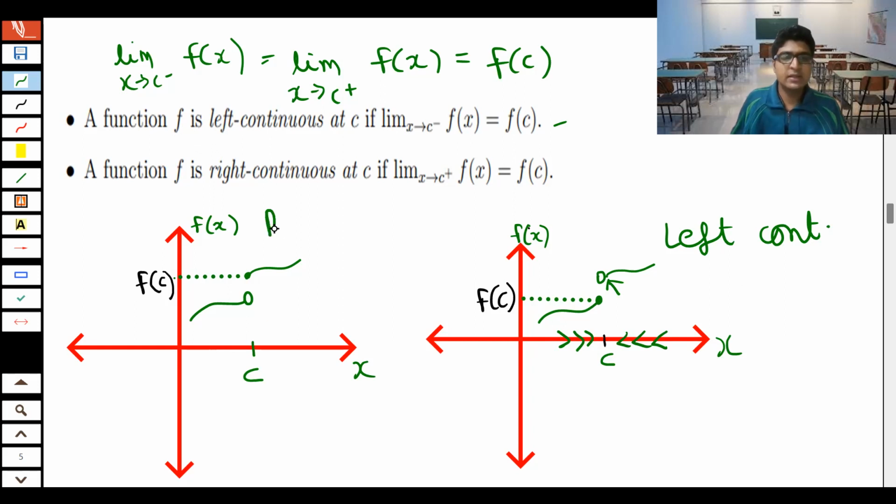Similarly, this is an example of a right continuous function. When you approach this function from the right, it approaches the same value as f of C, which is here. And if you approach this function from the left, you are somewhere here, which is not equal to f of C. So this is right continuous. So now that we know the definition of left and right discontinuous, let's get back to the question.